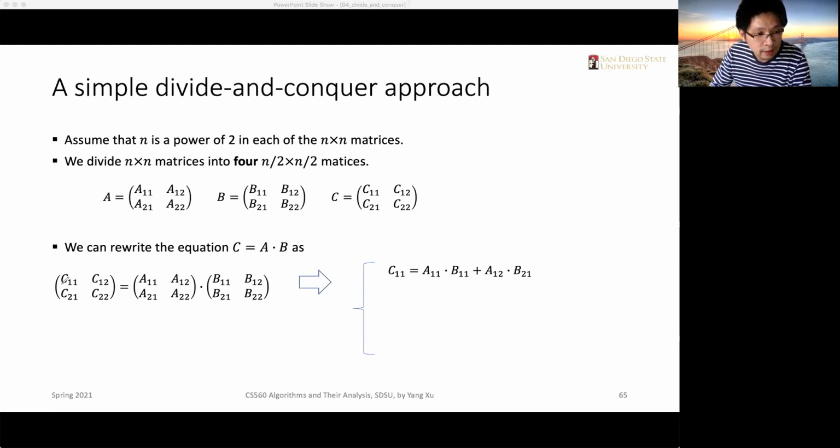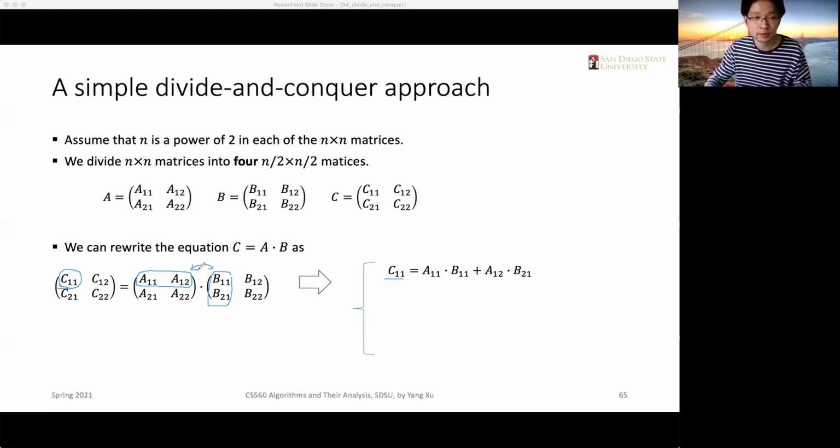If you look at the upper left chunk within the result, C11, how we compute C11 is very similar to the way we compute the first element in C. We need to take the first row in A, which this time has 2 submatrices, and the first column of B, which is also 2 submatrices, and then compute the dot product between these 2.